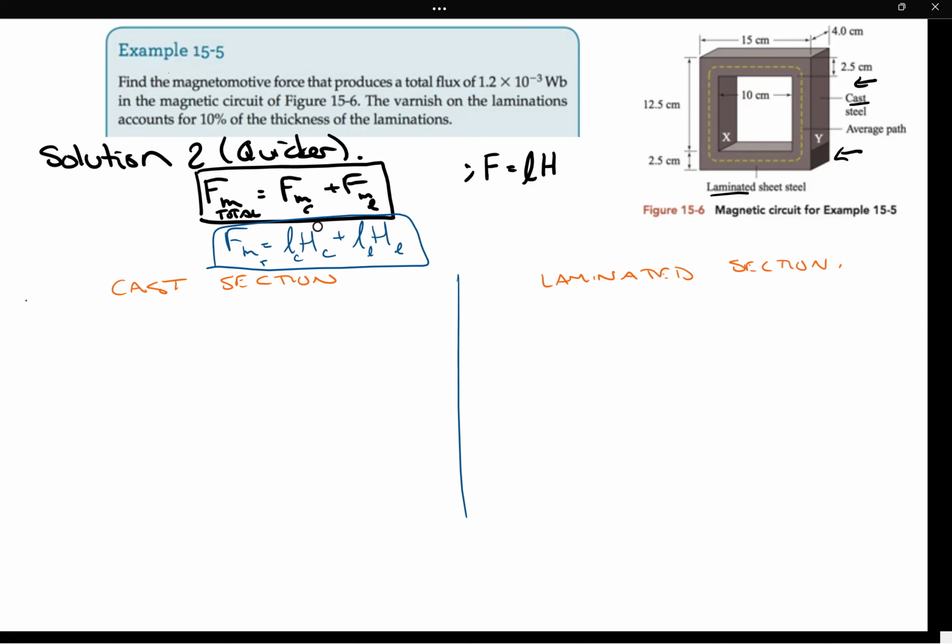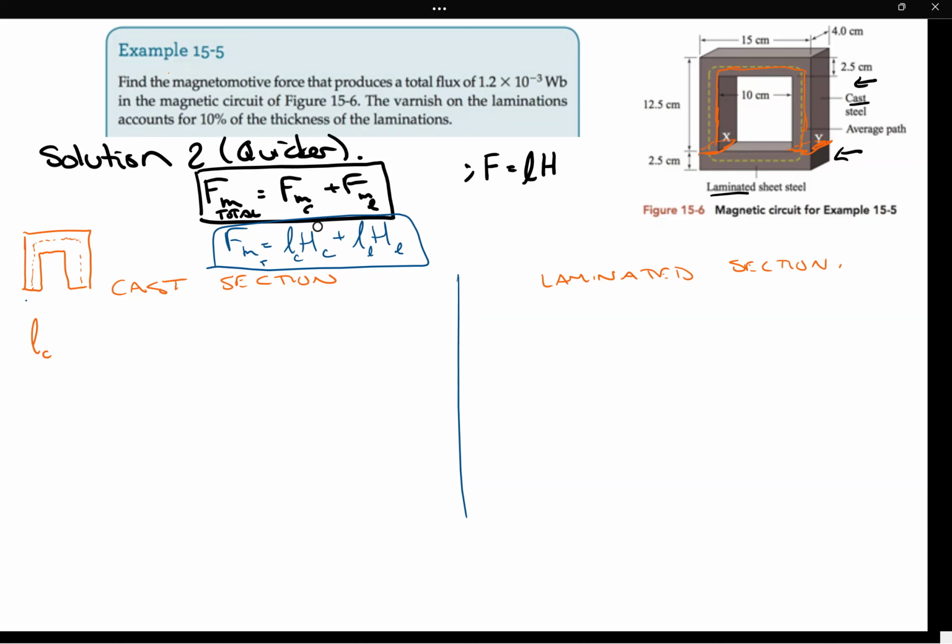Well, the mean path length of the cast section will be the middle of where it's traveling here. So here's the outline of this cast section, and it's the middle here. If I were to draw it straight on, then the mean path length is the middle here, the middle here, the middle here.